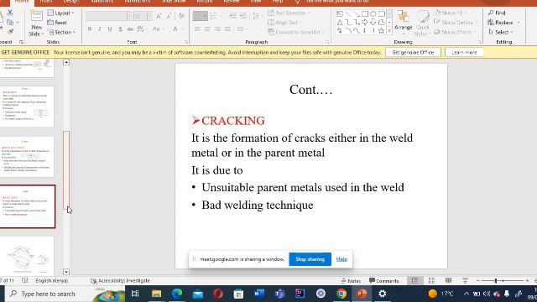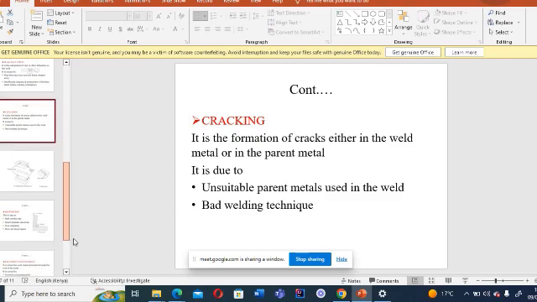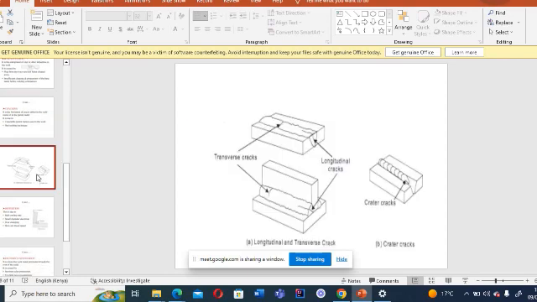So it is the formation of cracks either in the weld metal or in the parent metal. It is due to an unsuitable parent metal used in the weld or bad welding technique. You can see in the picture below that we have some cracks in the weld. So those cracks are the ones that we are talking about.